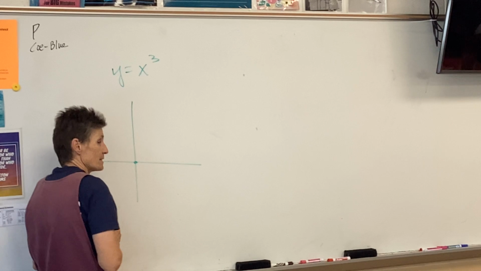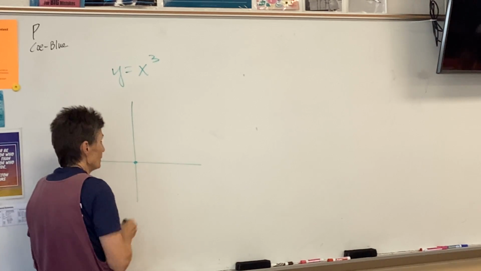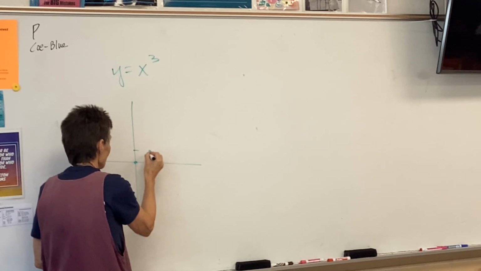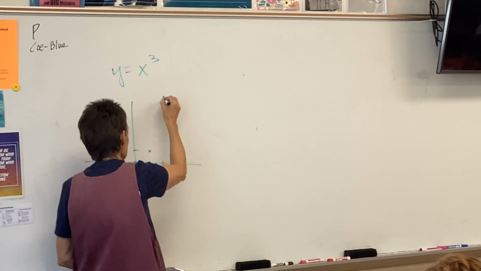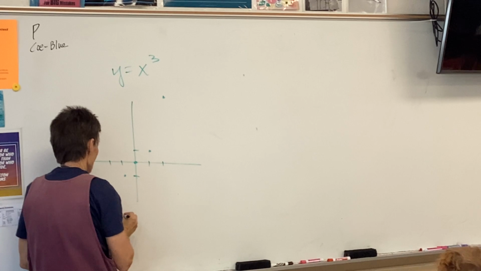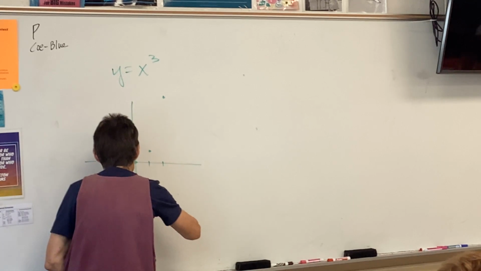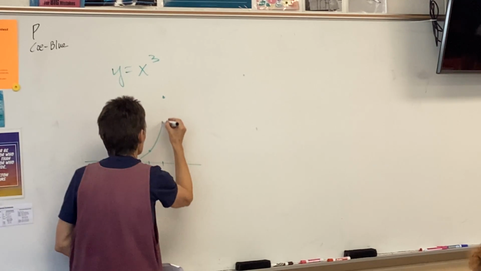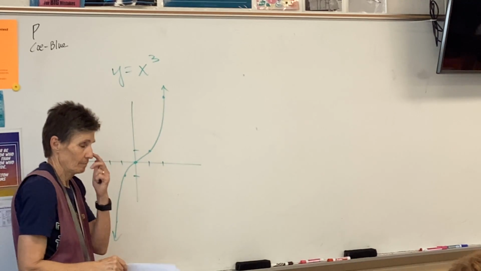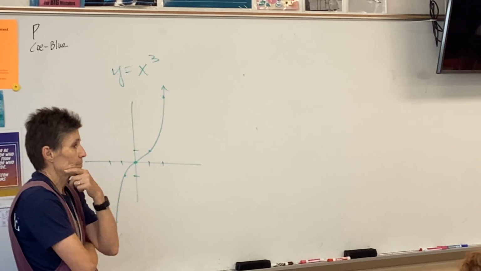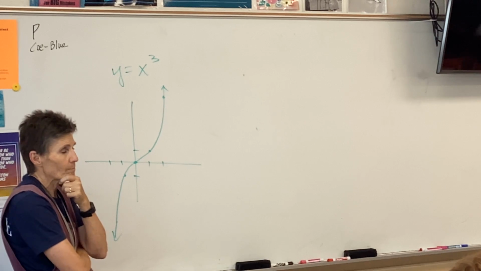Zero, zero, obviously. 1, 1. Negative 1, negative 1. 2, 8. Here is your cubing function. It's a squiggly.